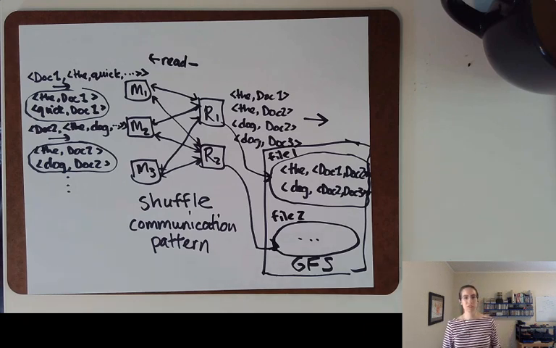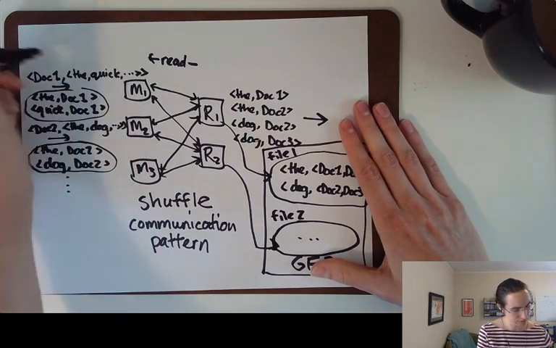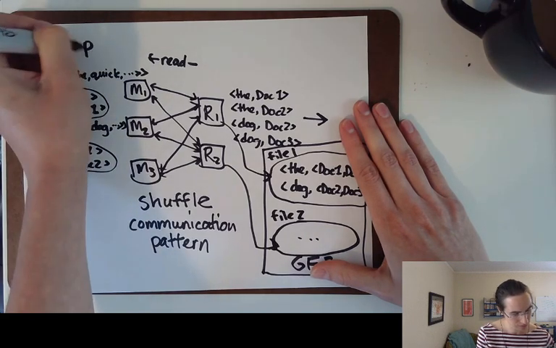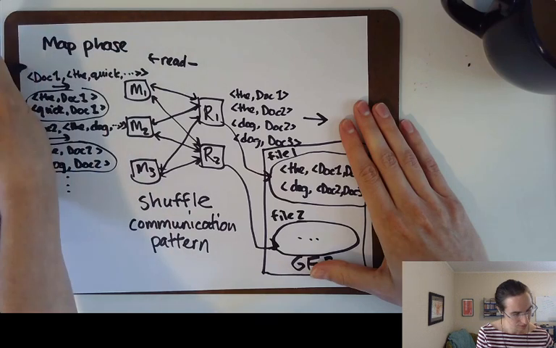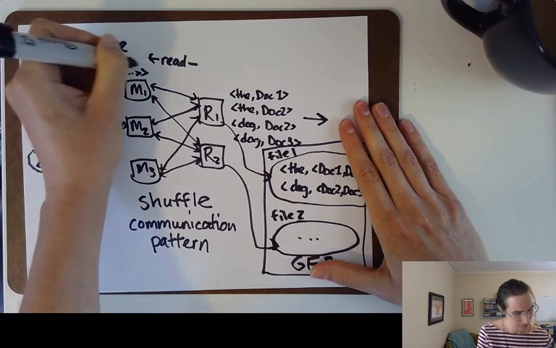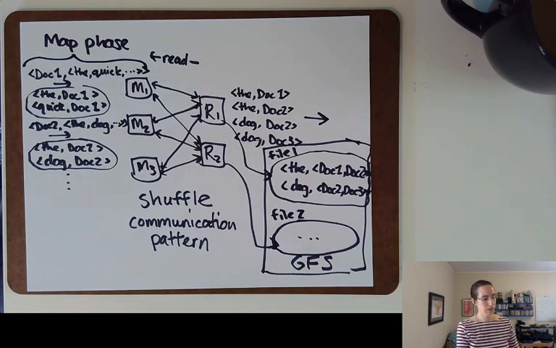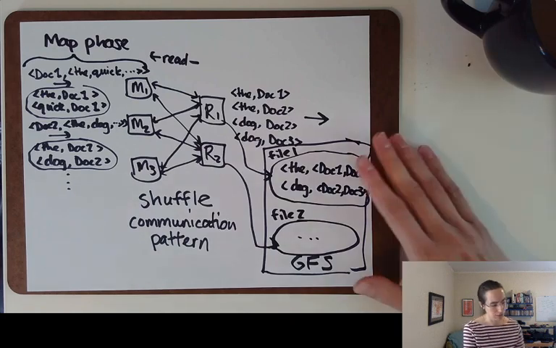So we just walked through a typical MapReduce computation. The part of the computation that took place on these machines over here is known as the map phase. Moving the data from the M machines to the R machines is known as the shuffle phase.